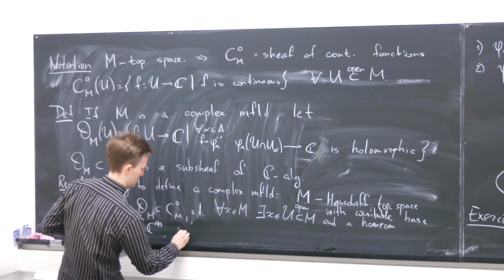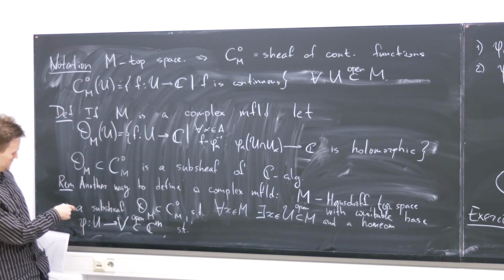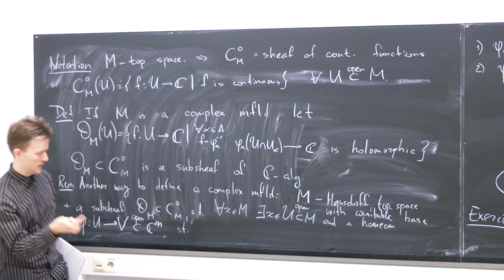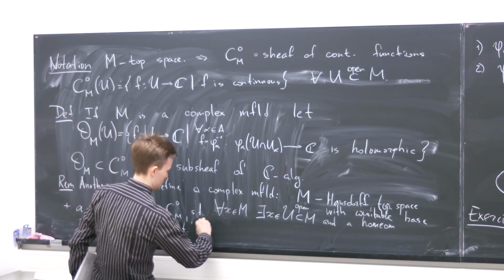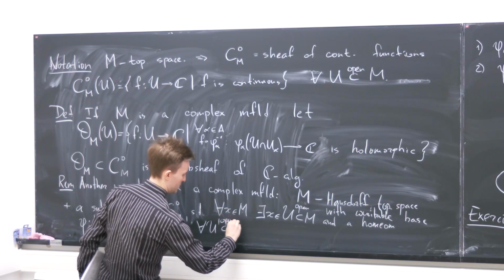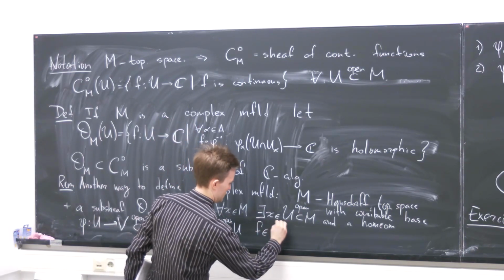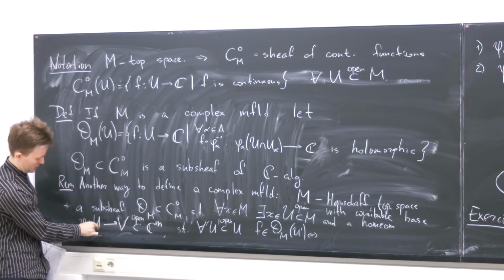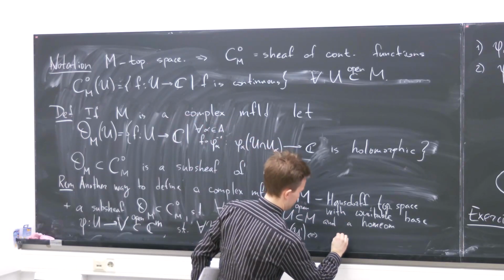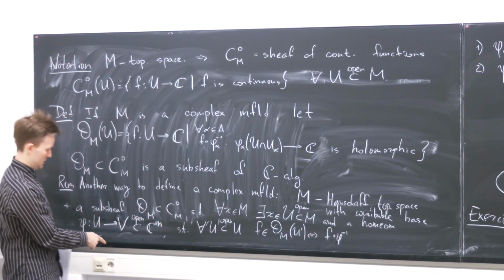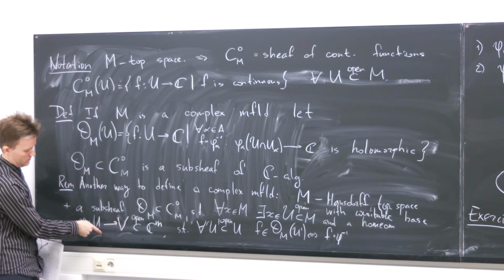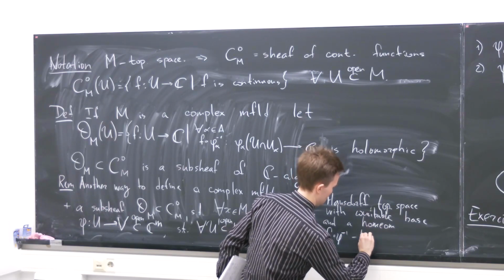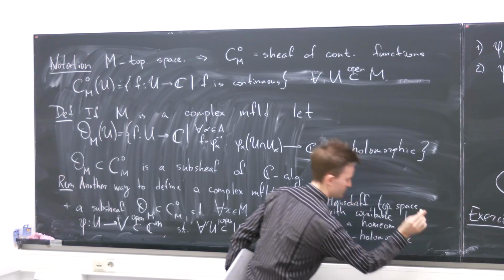So such that my sheaf is the pullback of the sheaf of holomorphic functions on V, or I can write it in the following way: for any open U prime in U, F is in OM of U prime if and only if I look at phi inverse composed with F. So this goes from some subset of V back to U, and then I apply this F. So this should be holomorphic.